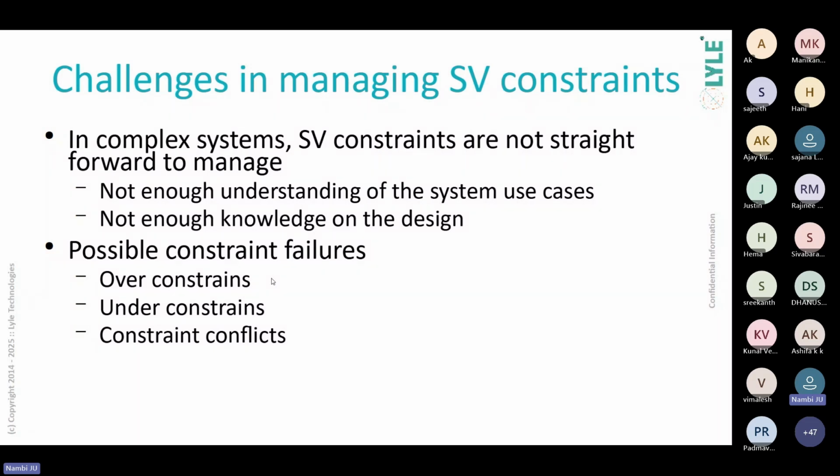One is over constraining your design or your environment. Over constraining is basically a condition where you put too many constraints on your test generation, so you don't generate enough tests, or sometimes you don't generate tests at all. Under constraining is where you don't have any constraints, or you have very loose constraints.